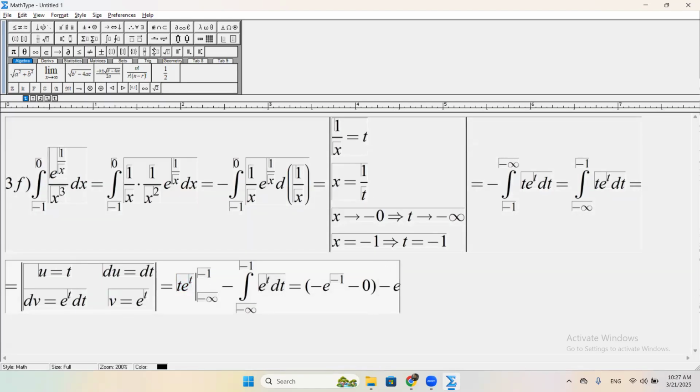And minus e in power of t, again with substitutions from minus infinity to minus 1. So here we will have minus e in power of minus 1, and if I substitute minus infinity, I will receive 0. So the final answer is minus 2 over e.